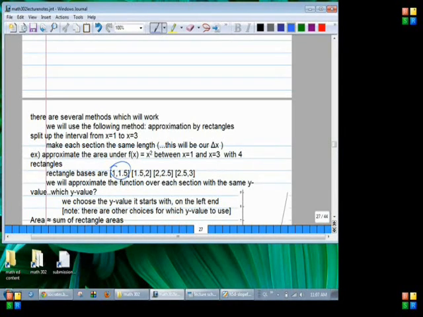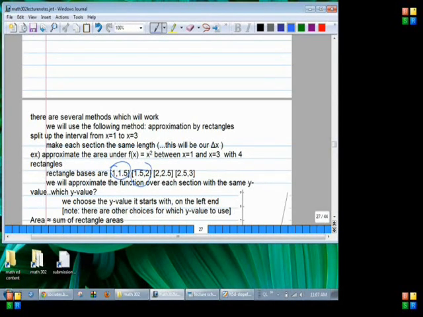Okay? And what's the width of that rectangle? 0.5. Okay. Rectangle number 2. For rectangle number 2, there's the base. What's the width? 0.5. They all have width 0.5. So that's one punchline.